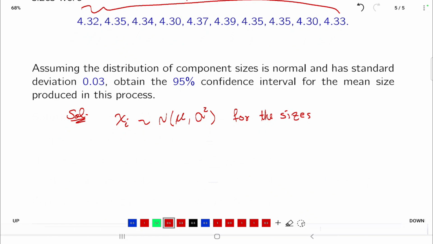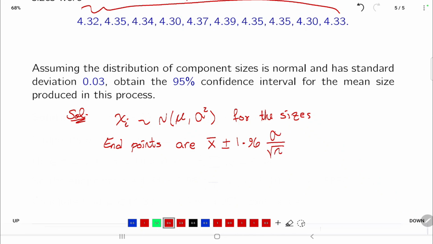Endpoints, the endpoints here, endpoints are denoted by x bar plus minus 1.96 sigma over root n.